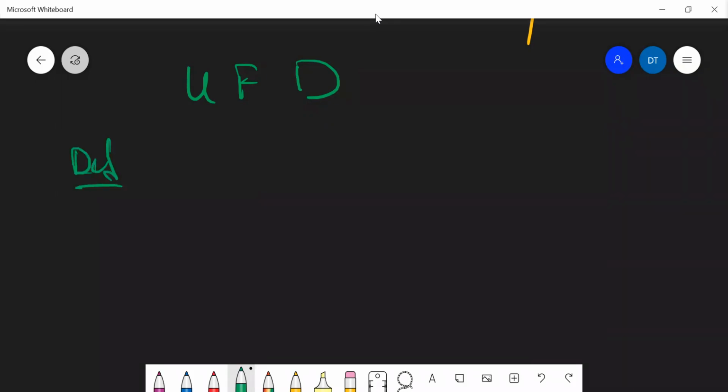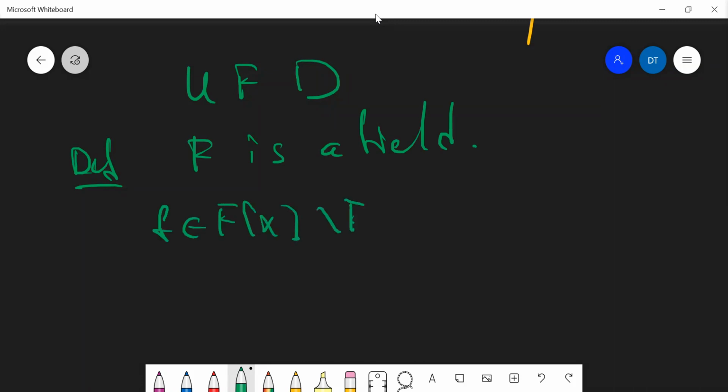First of all, definition. Let's say F is a field, as always, and suppose f is a polynomial of non-zero degree, of degree strictly larger than 0. So it's a non-constant polynomial.